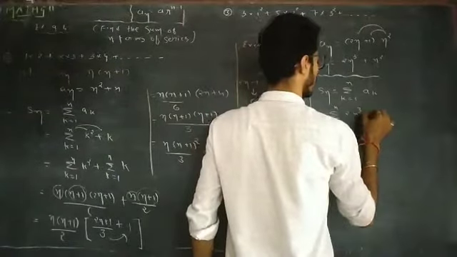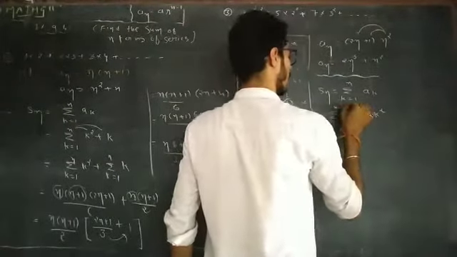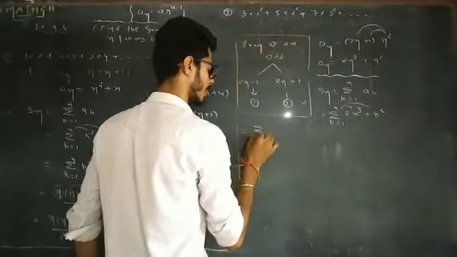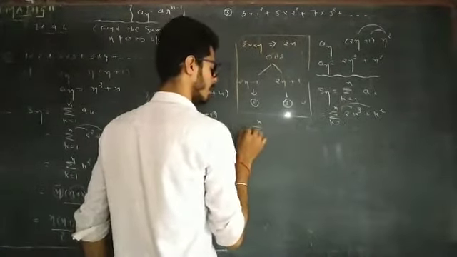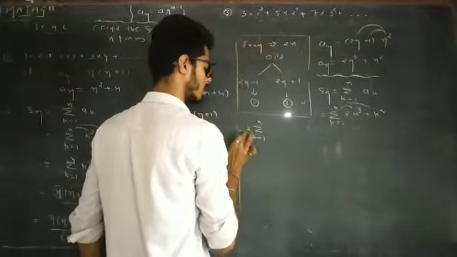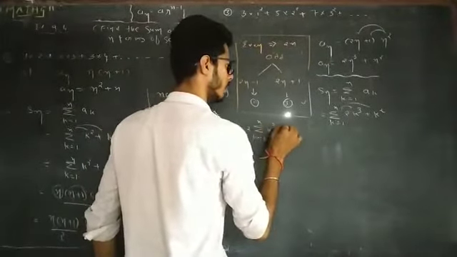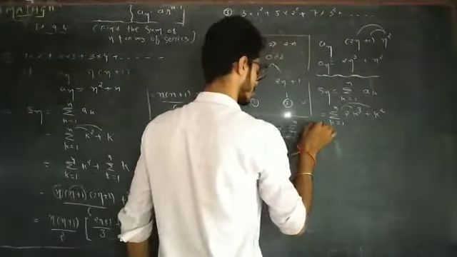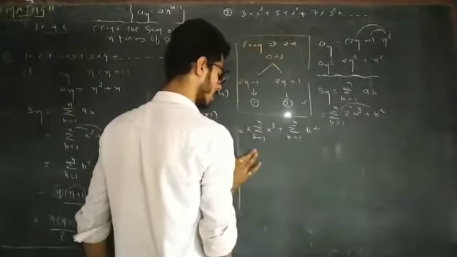So the summation is of 2k cube plus k square, for k equals 1 to n. 2 is common out because it is constant, so 2 into summation of k cube plus summation k equals 1 to n of k square.